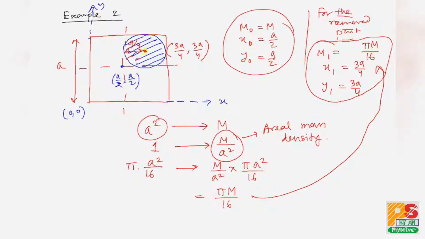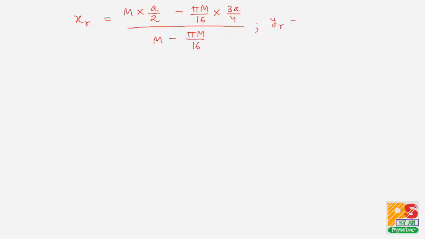Okay, now it's time to find xr and yr. Proceeding to the next slide. Xr, simple: m naught is m, x naught is a by 2, minus m1 is pi m by 16, x1 is 3a by 4, divided by m minus pi m by 16, and yr is also same as the xr.